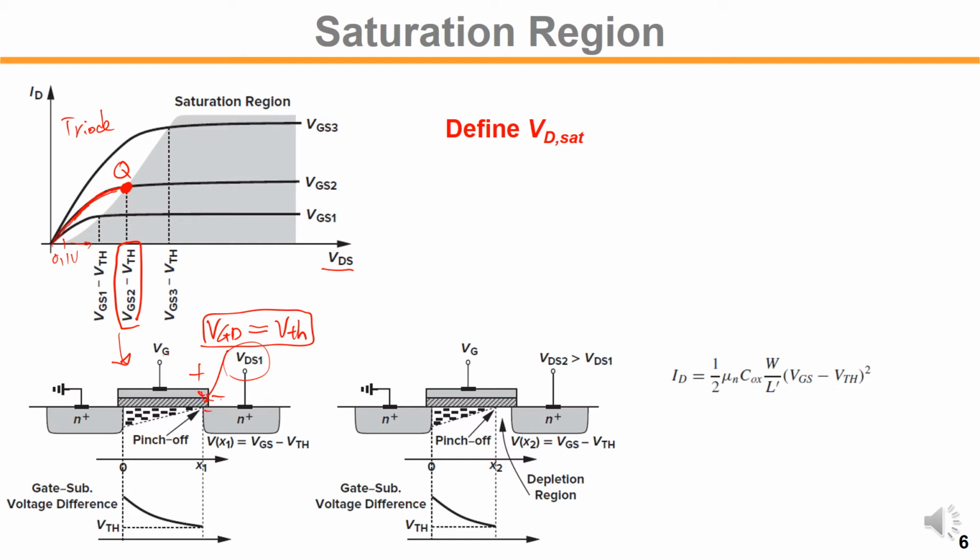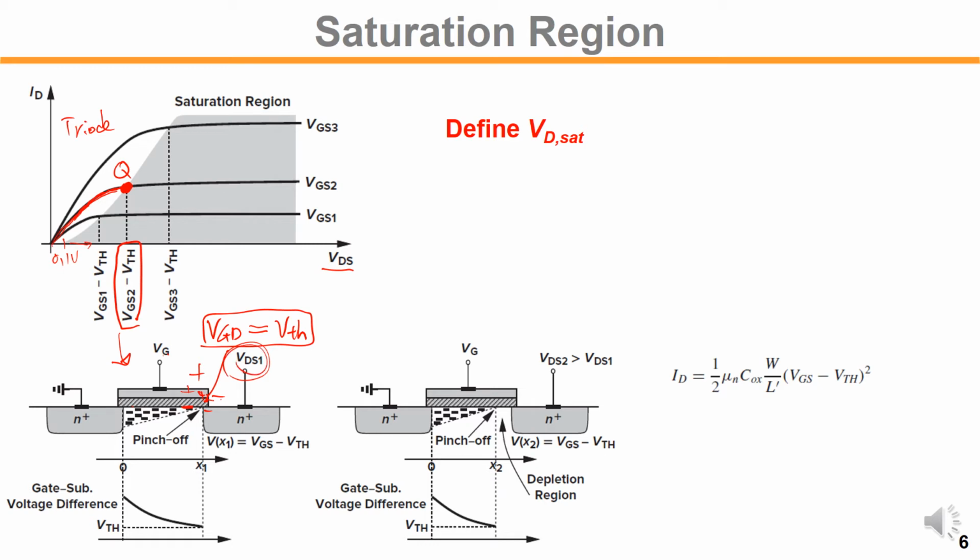This voltage difference means that at this point the channel inversion condition starts violating, because the channel inversion happens only when the gate voltage versus the surface voltage difference is greater than VTH. Then we see the channel inversion.